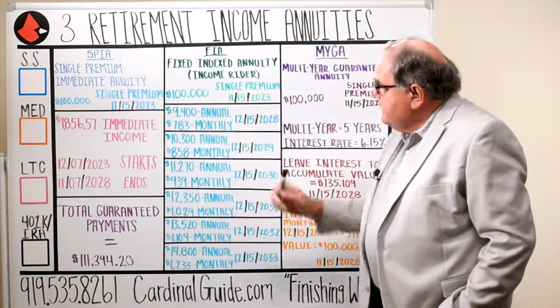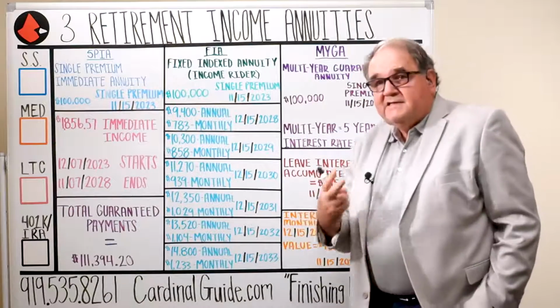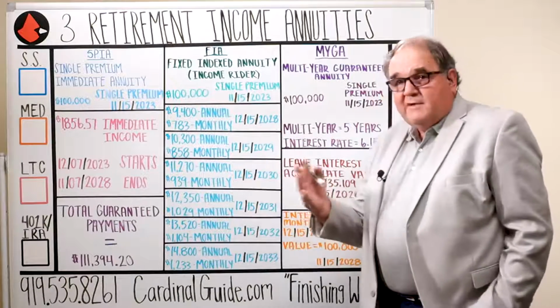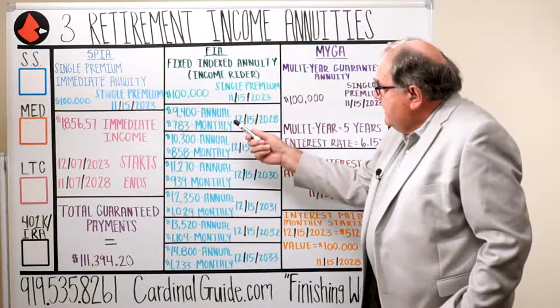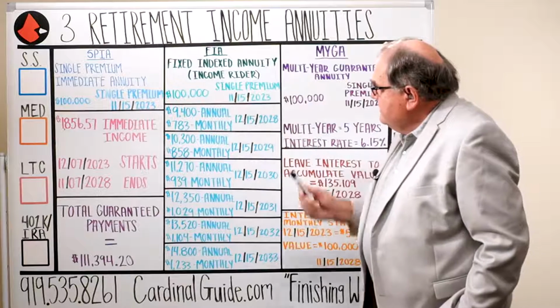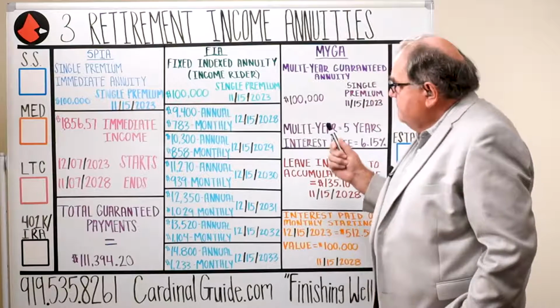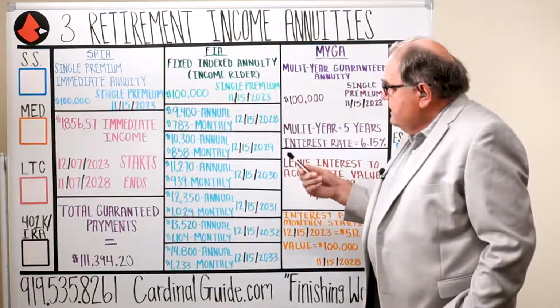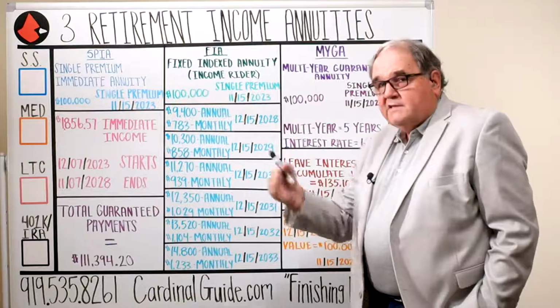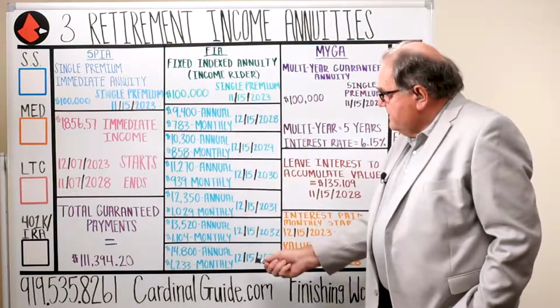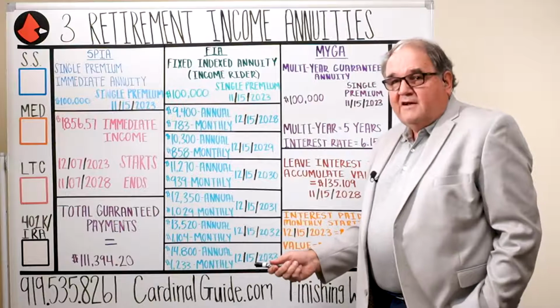So you put in $100,000, two people 65 years old, born in the same month, just to make things simple. And if they buy this on November 15th, 2023, and it goes in force, they could start the income right away, or they could start it the next year, the next year, the next year. So you don't have to pick this date on the front end.